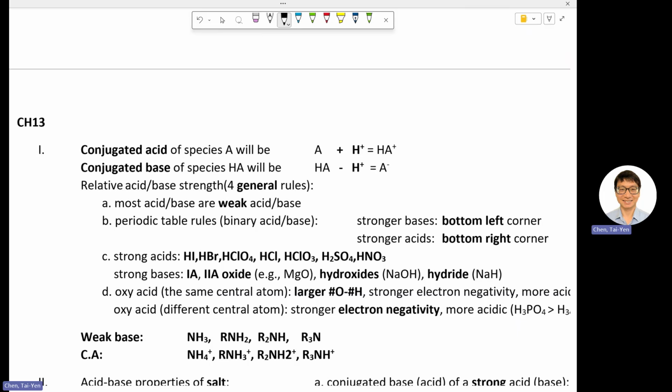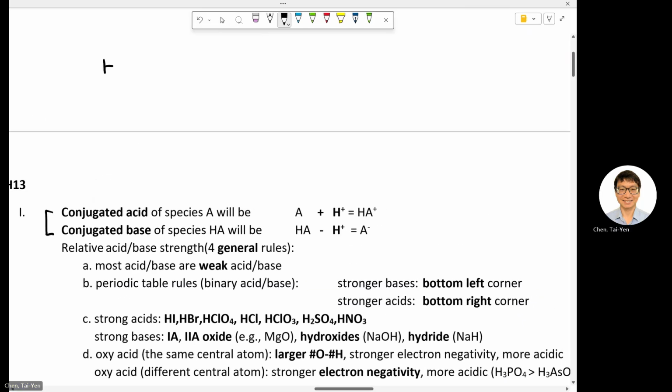Along the line, one very important concept is called the conjugate acid-base pair. What it means is that if I have an acid and I represent that acid using H and A, where H is the proton and A is the rest, once this species dissociates, you produce H plus and A minus.